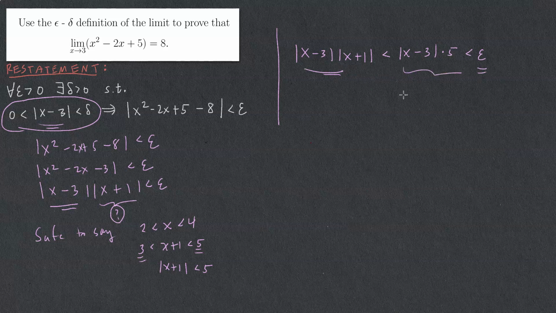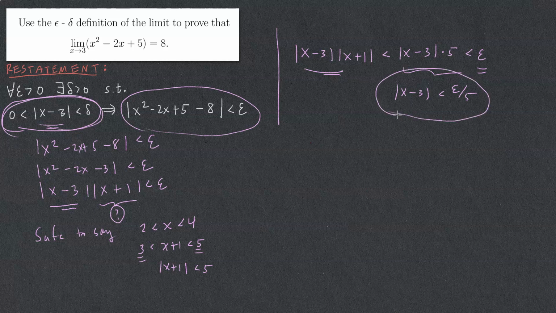Well, let's take a look at this. This says that x minus 3 is less than epsilon over 5. And I think we are figuring out how to start with something like this and end with something like this now. If I just start with this inequality, I'll get there.